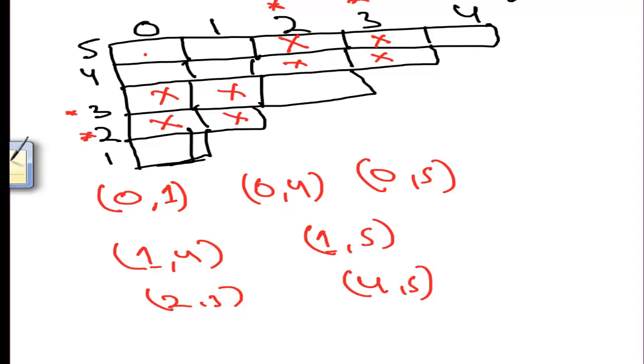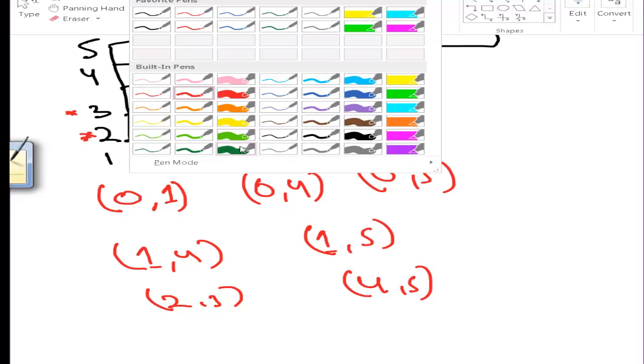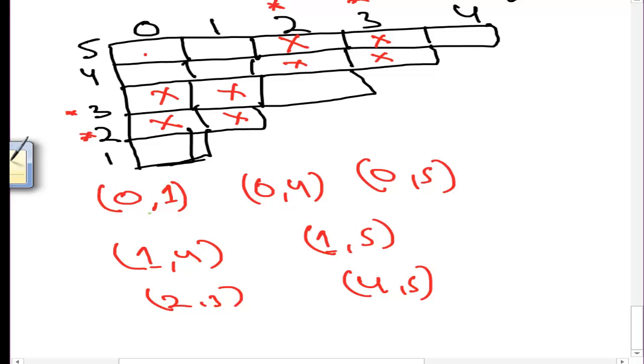Okay, now we try to use induction and try to see whether they are distinguishable or not. So what about 0 1? Let's take 0 1 first.